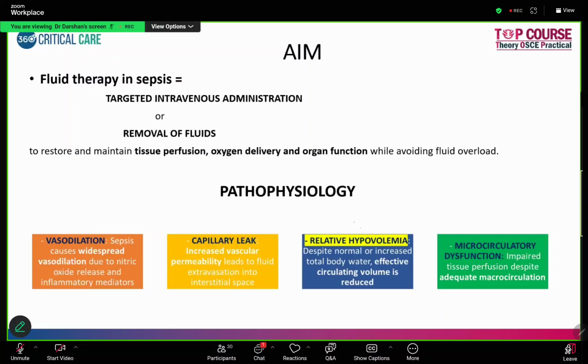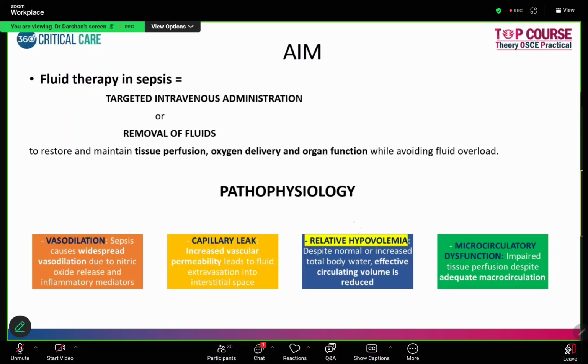It is not necessary that all septic patients are hypovolemic. We might have to assess their status and then take a call. The pathophysiology usually is that initially there is vasodilation caused by inflammatory markers and release of nitric oxide. Majorly because of inflammatory markers, there will be endothelial damage, capillary leak, and extravasation of fluid into the interstitial space.